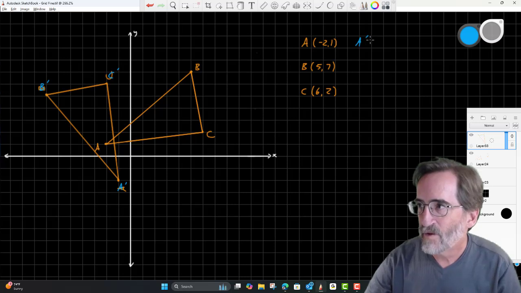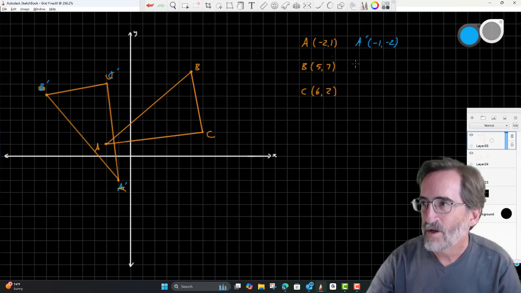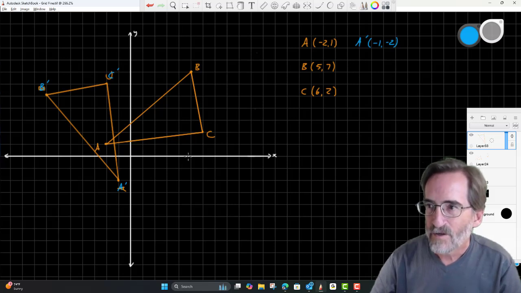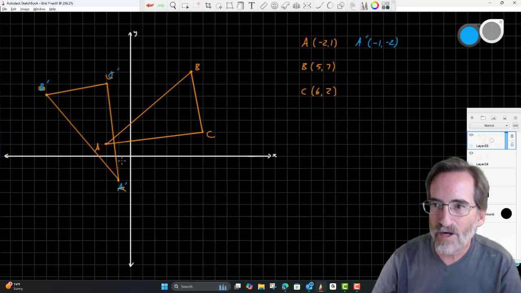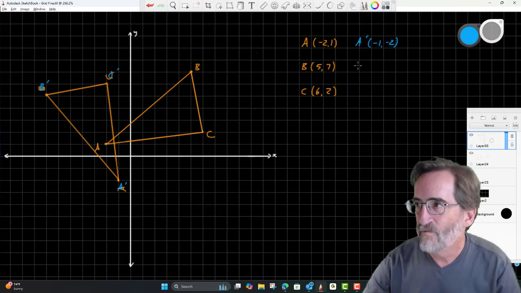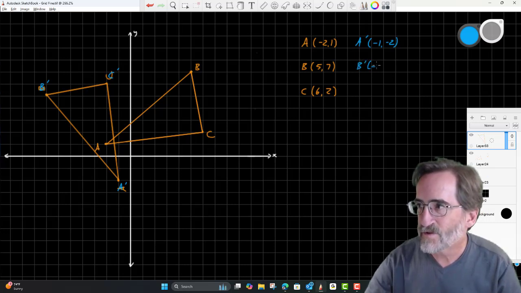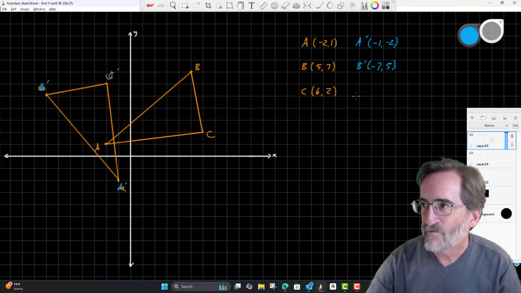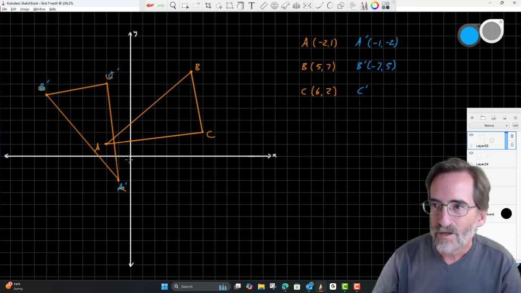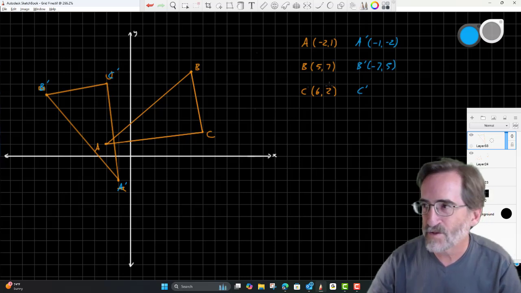B was (5, 7), B prime is (-7, 5). C was (6, 2), C prime is (-2, 6).